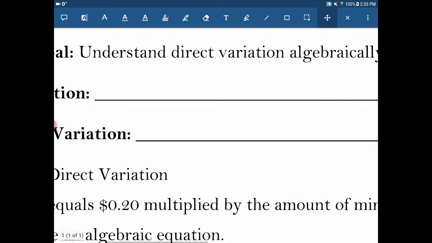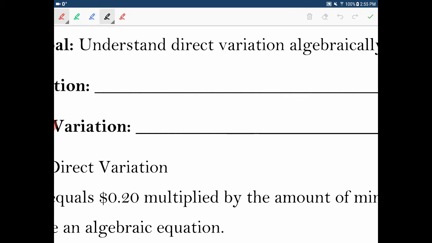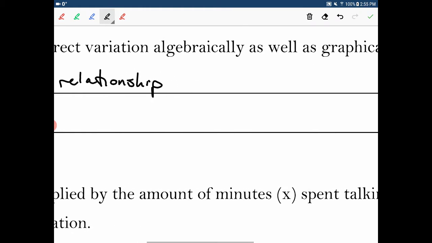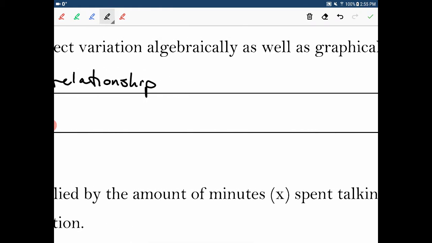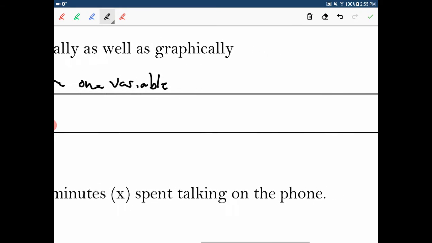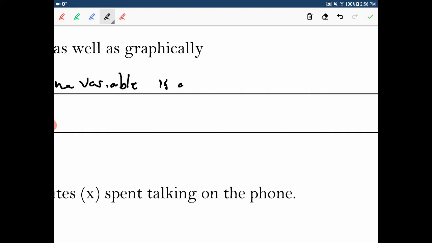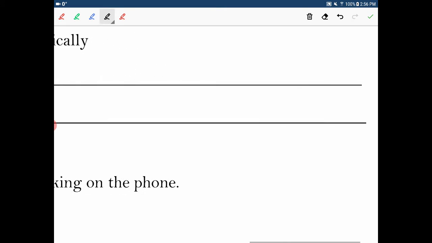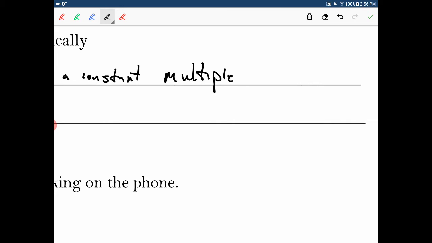It is a linear relationship where one variable is a constant multiple of another.